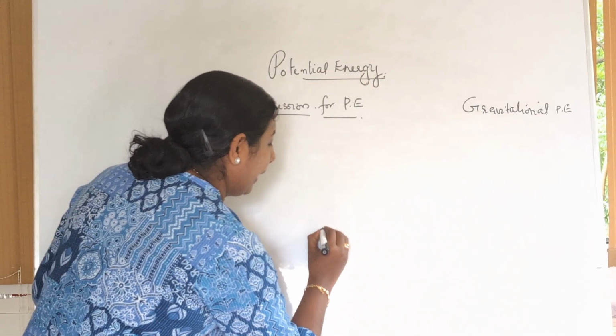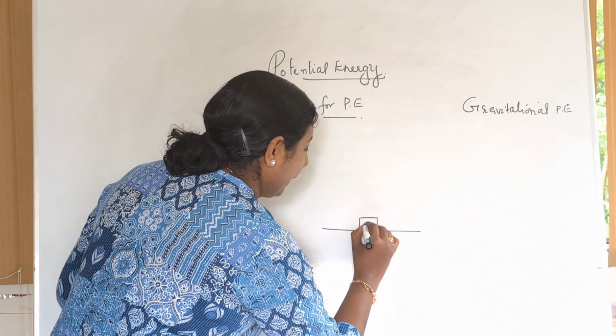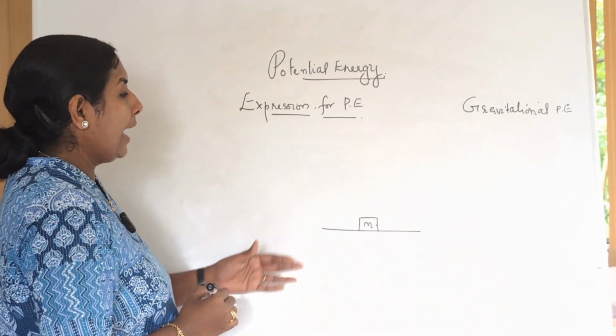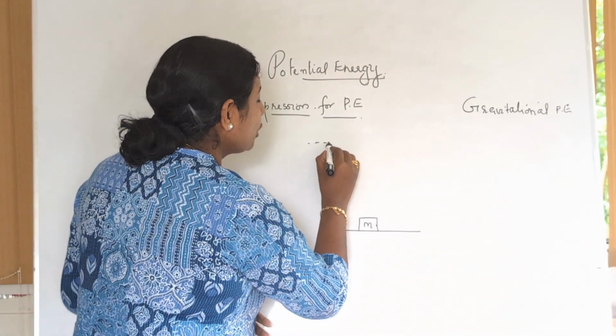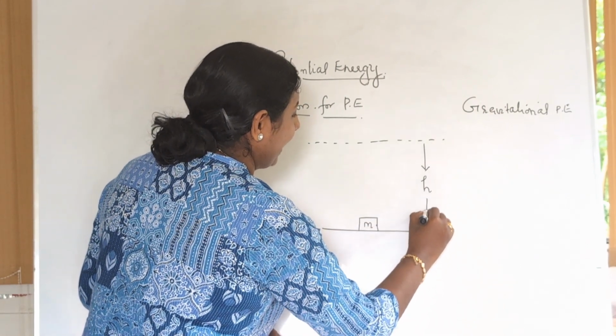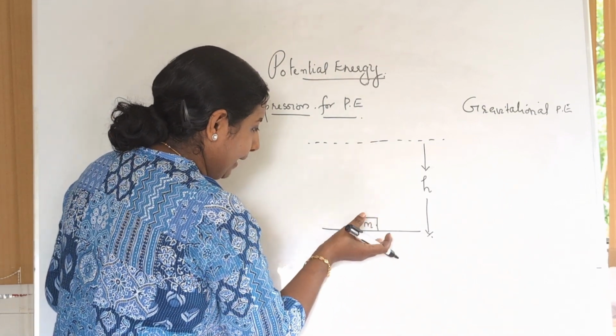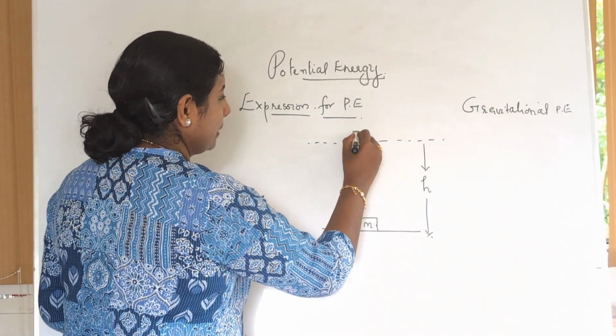We are considering a body at the ground level where the mass of the body is m, and we are trying to raise that body to a particular height. Let it be h. In the next case, this m is taken to this height.